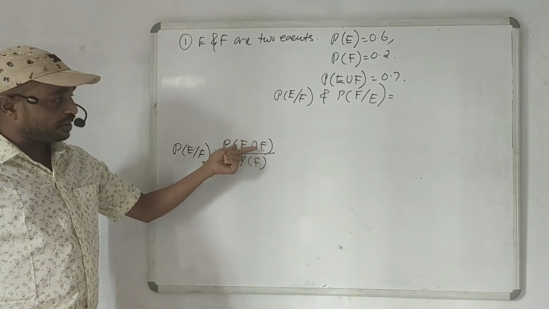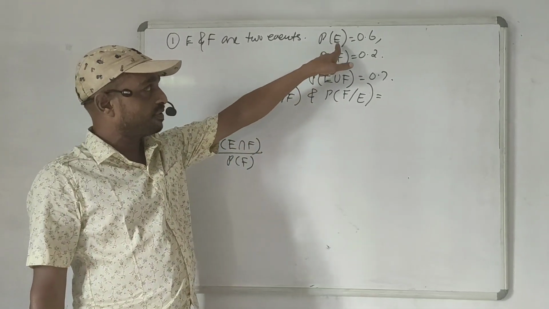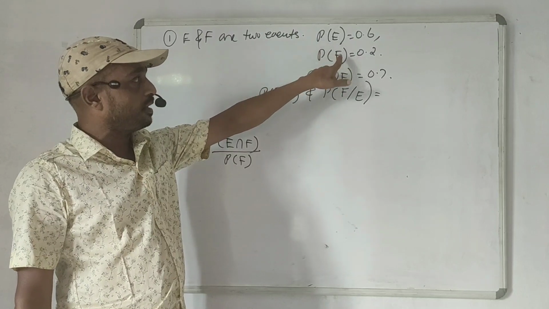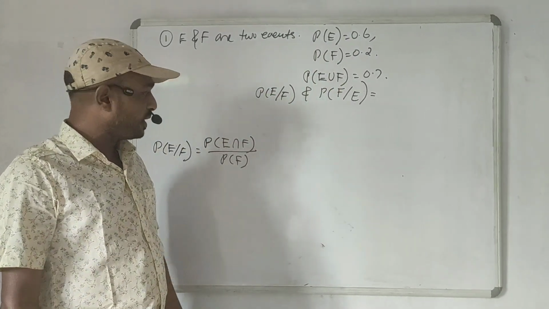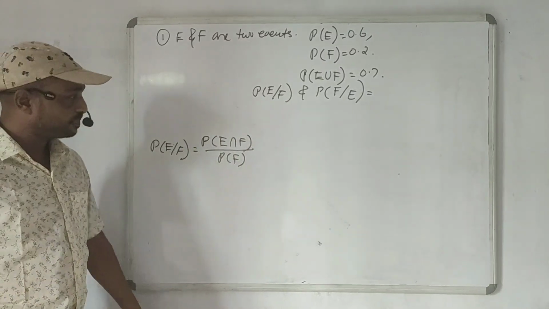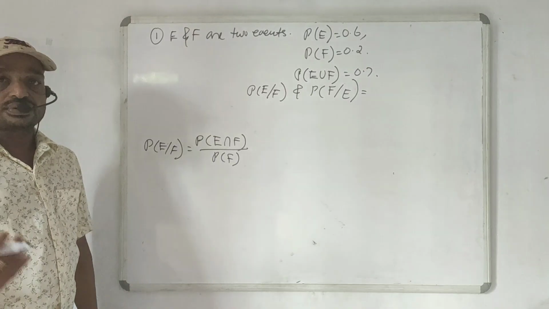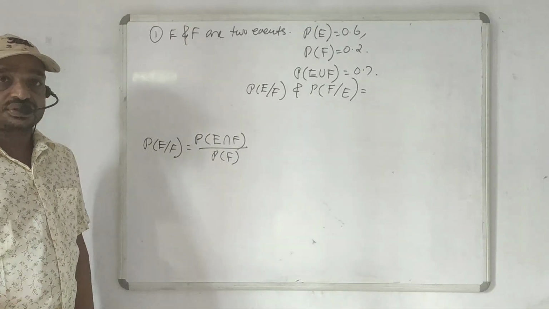So how will you calculate P of E intersection F? To find P of E intersection F, we are given P of E, P of F and P of E union F. So in order to calculate P of E intersection F, we can make use of the addition rule. What is the addition rule?